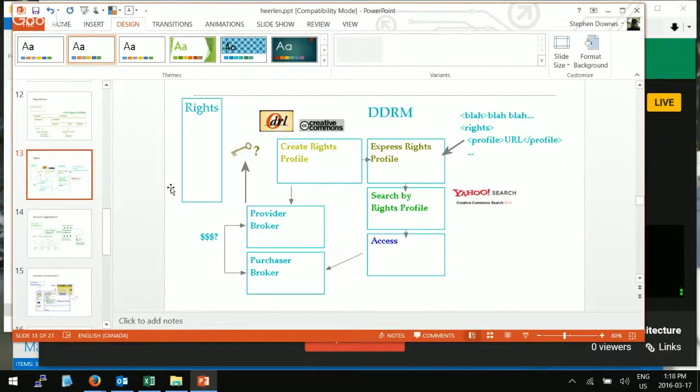Or we can even create our own rights profiles. That really should be up to us. And then these rights profiles should and will play a role in the type of access that we have and in the type of search that we undertake in order to find these resources.